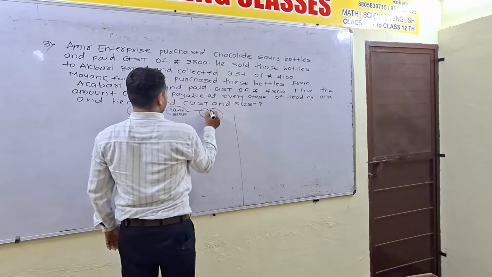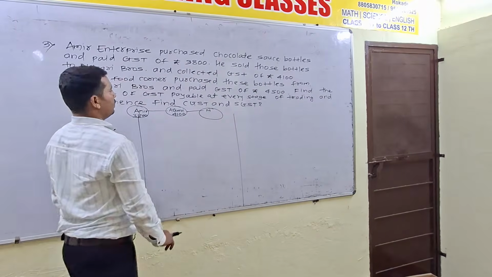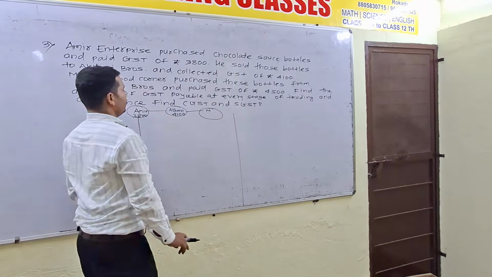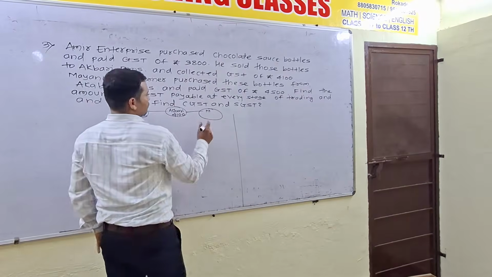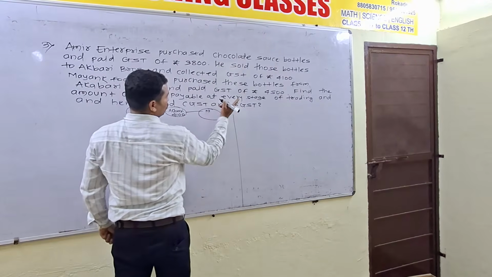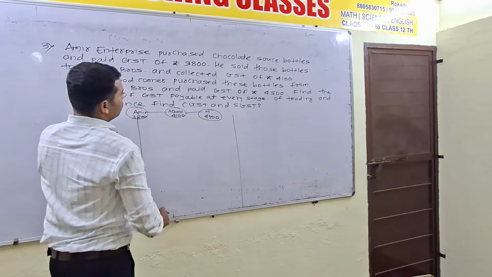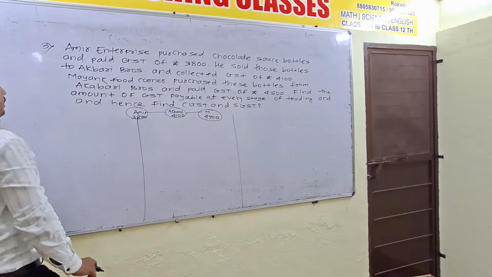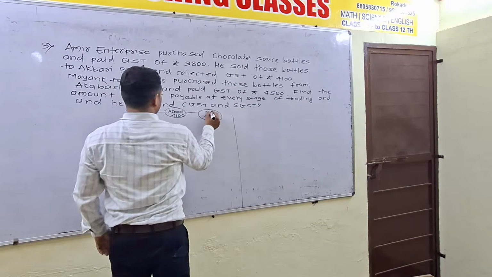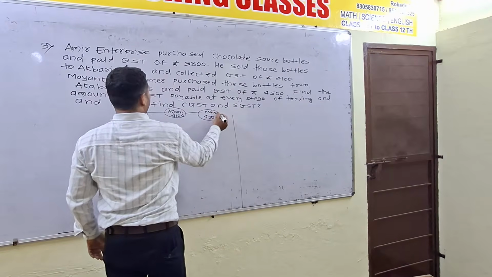So Mayank Food Corner paid GST 4,500 rupees. We must read the question again.